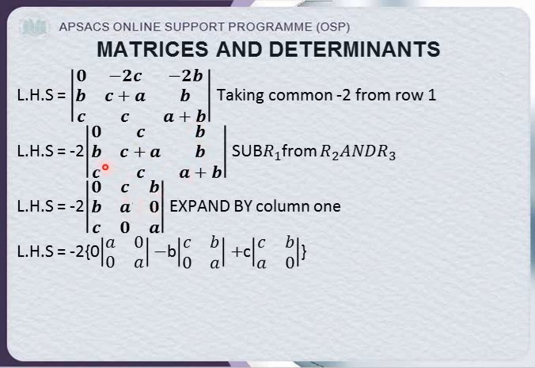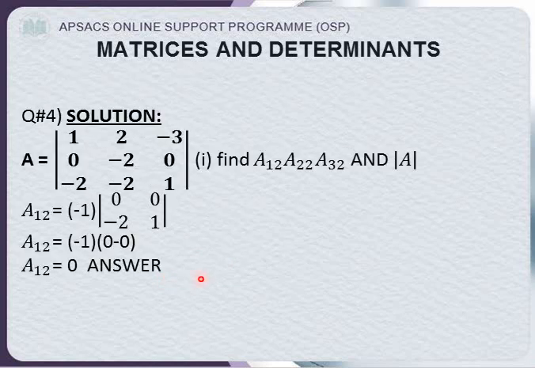Now the whole story: c minus 0, c minus c is 0, and a plus b minus b is a. Now we can expand by column 1 or row 1 as you like. We have expanded like in the previous lecture, and further you can solve it.